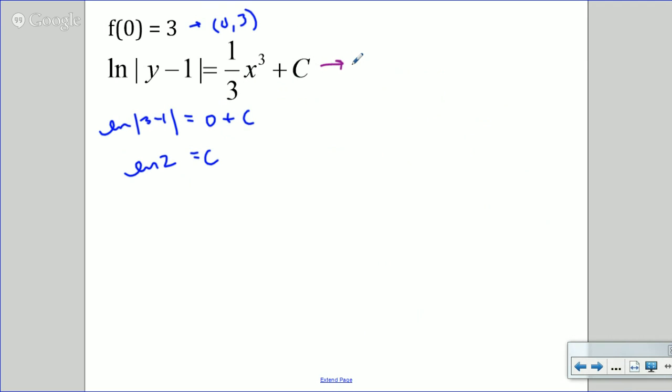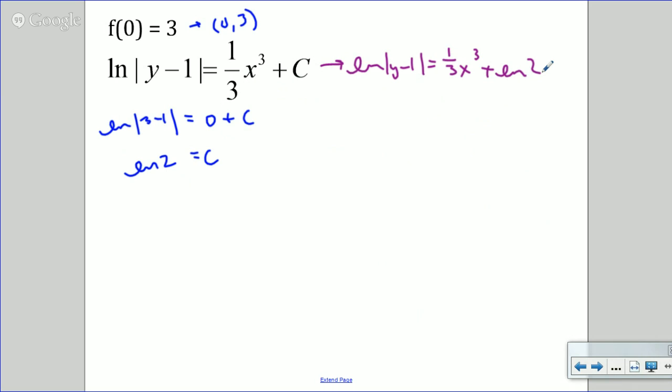Now we plug ln of 2 in for c into this piece here. So ln of the absolute value of y minus 1 is equal to 1/3 x cubed plus ln of 2. All right, now I would like to solve for y.